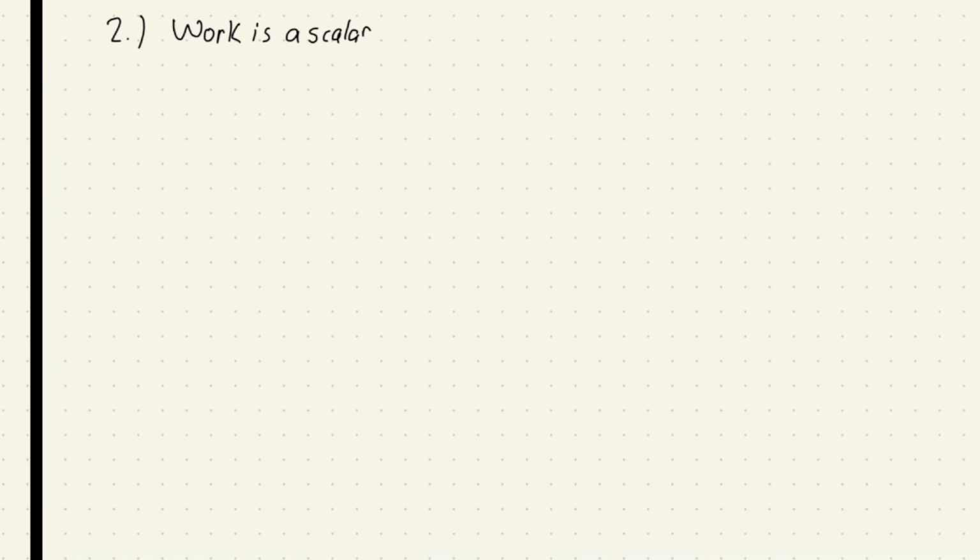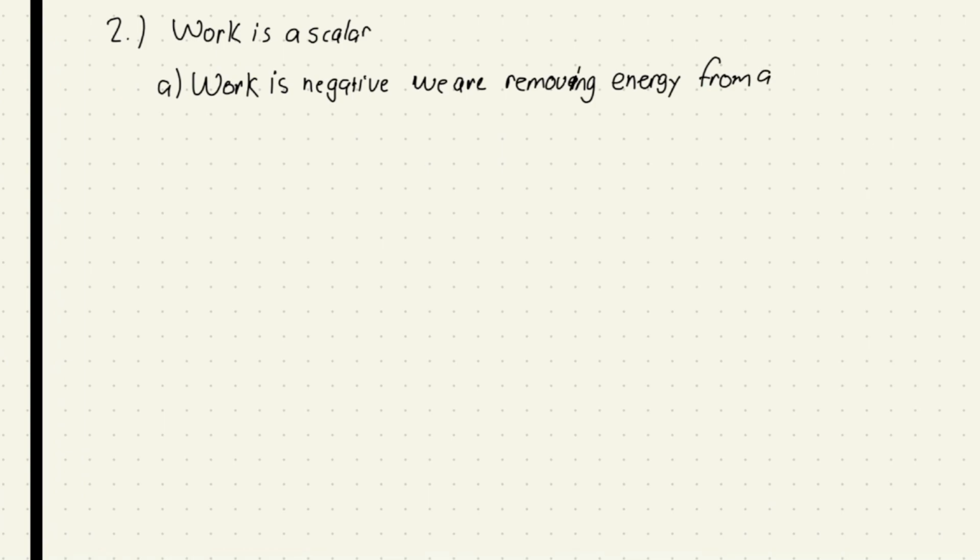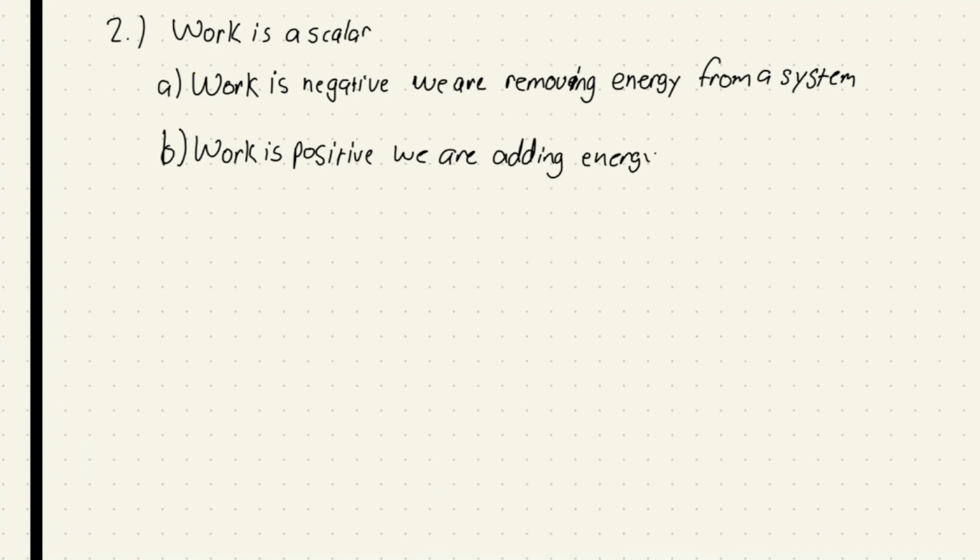So if work is negative, we are removing energy from the system. If work is positive, we are adding energy to a system. And don't worry about this energy stuff just yet.